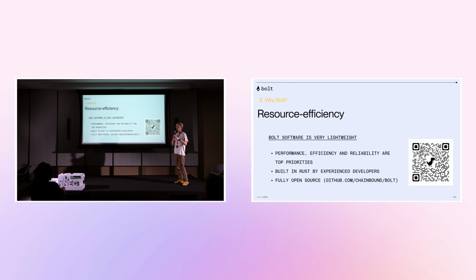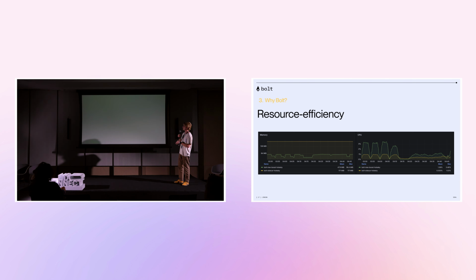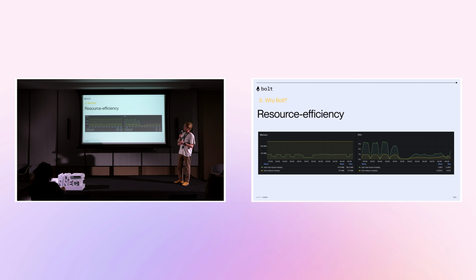Resource efficiency is downstream of that. Obviously, if you want proposers or node operators to run this, you want the software to be extremely lightweight. So performance, efficiency, and reliability really are top priorities. It's built in Rust by experienced developers, and it's fully open source if you want to go check it out. To back that up with some numbers, we've been running a Holesky deployment with around 2% of the Holesky validators.